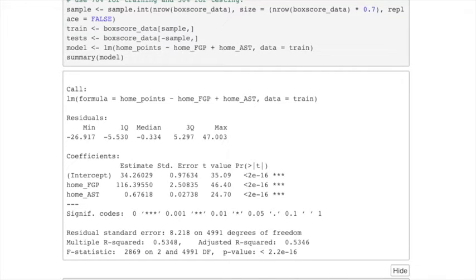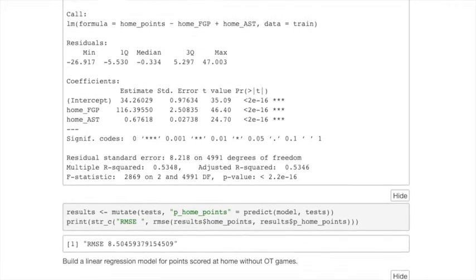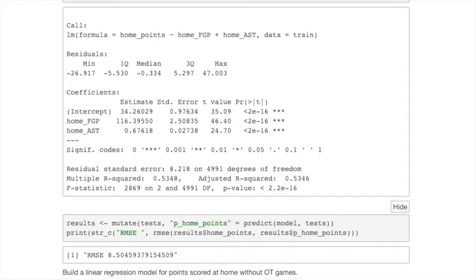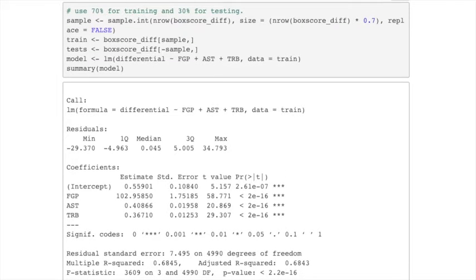And I used the variables that seem to have a high correlation, so home field goal percentage and home assists. And I didn't have to eliminate any of the variables because their p-values were under 0.05. And after calculating the root mean squared error, I got a root mean squared error of 8.5 and a multiple R squared of 0.5348.